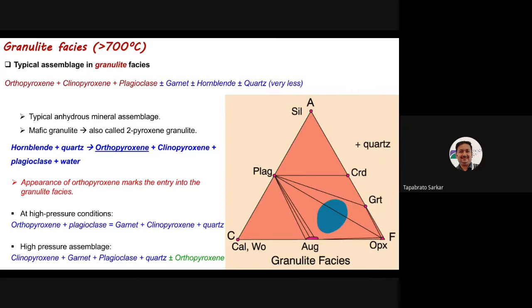Okay, Subhash Thakur, how do you recognize an amphibolite facies rock? Sir, there will be most dominant minerals like plagioclase and hornblende. Plagioclase and hornblende. So what is the difference between? Okay, let me ask somebody else.